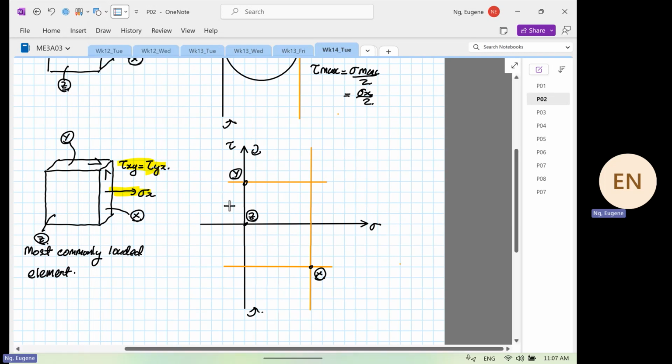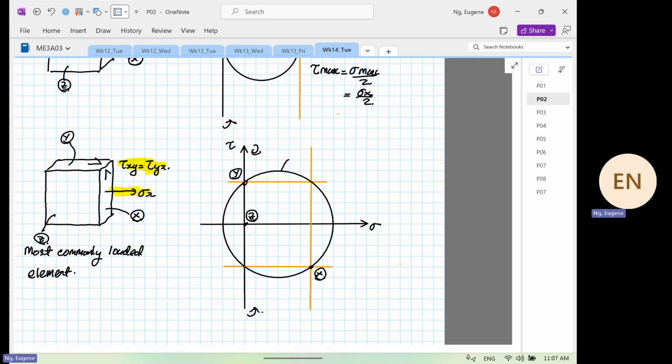We've done this a lot of times. Okay, so this is one of your Mohr circles, and we know that this belongs to your XY plane, which is the in-plane one. You have the other two circles.